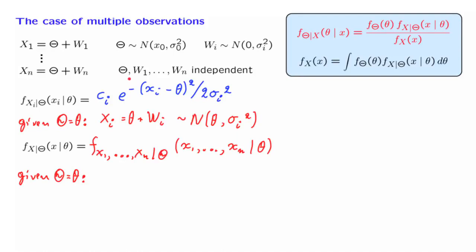All these random variables are independent. So if I tell you the value of the random variable theta, this does not change the joint distribution of the wi's. The wi's were independent when we started, so they remain independent in the conditional universe.